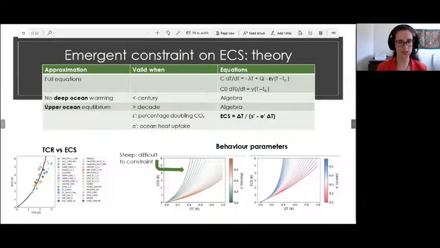For ECS, we have a more difficult thing because we don't expect the relationship between observed warming and ECS to be linear. Using a 2-box model and some approximations, we found a relationship where ECS is related to observed warming via this equation: dT divided over some forcing parameter, ocean heat parameter, and observed warming.